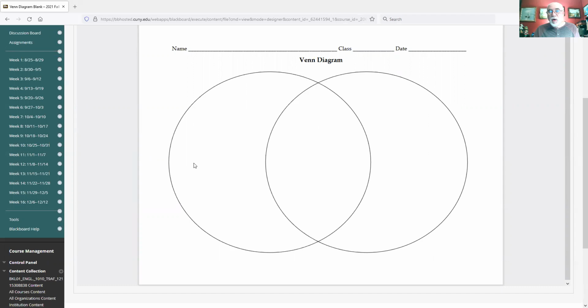So this could be Gatto's essay, and this could be Onion's essay. In here you would put things that are in common to both essays.